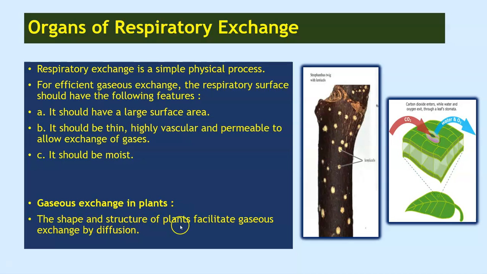Now let us have a look at how gaseous exchange occurs in plants. The shape and structure of plants facilitate gaseous exchange by diffusion. A terrestrial flowering plant has many air spaces between the cells of the stem, leaf and root. These air spaces are continuous. Oxygen diffuses into the air space through the stomata, that is the pores that are present on the leaves and young stems.